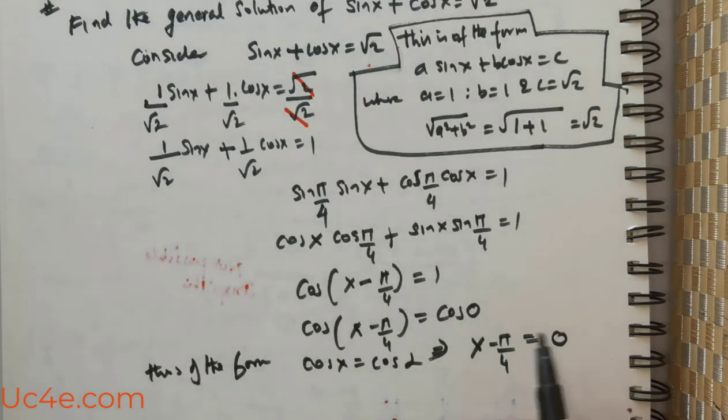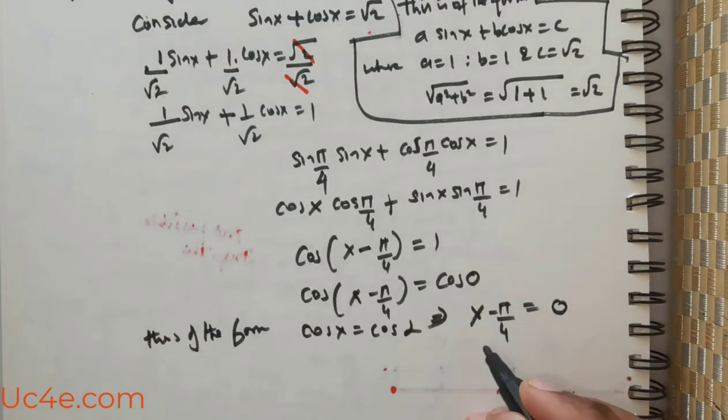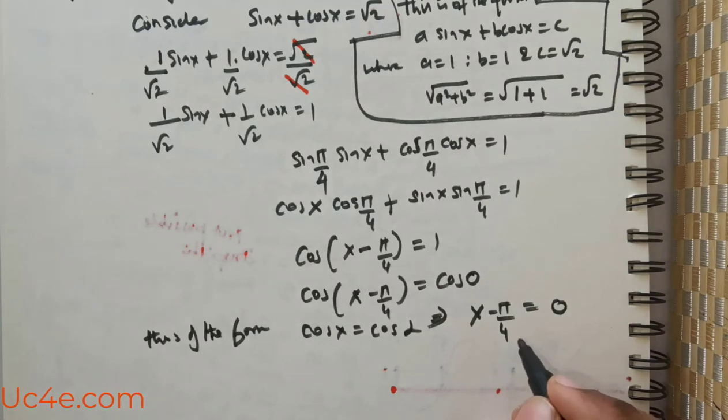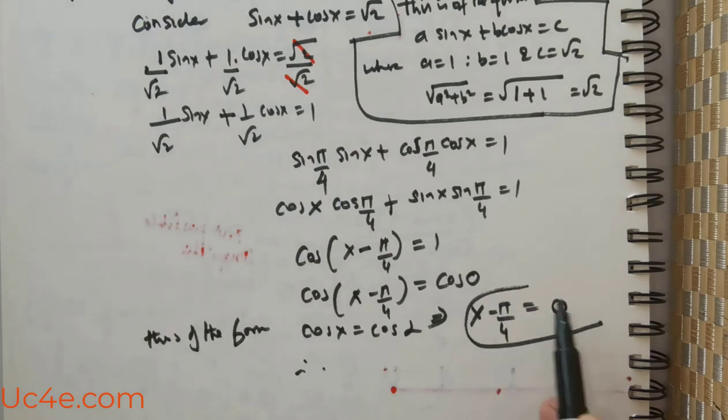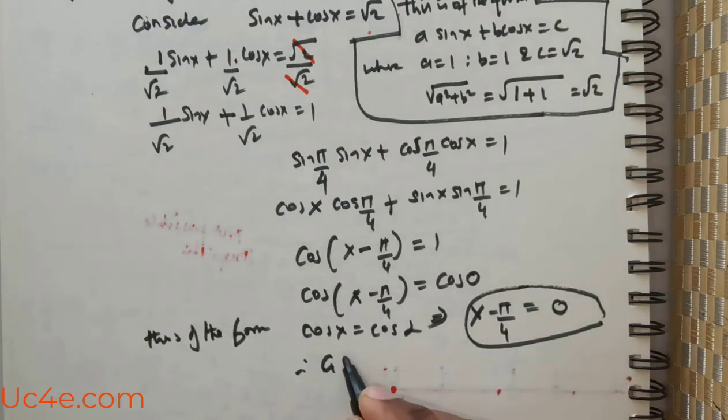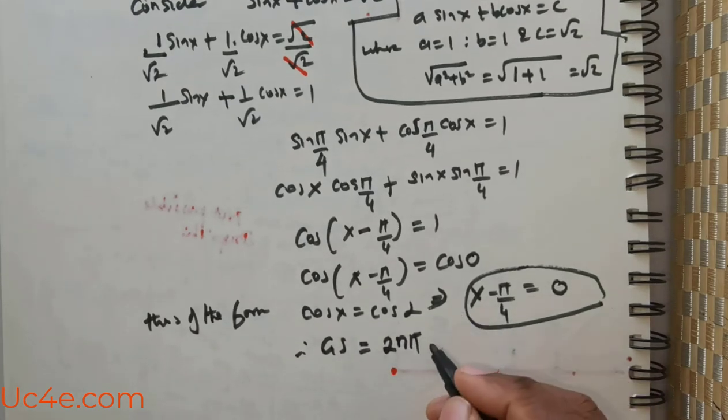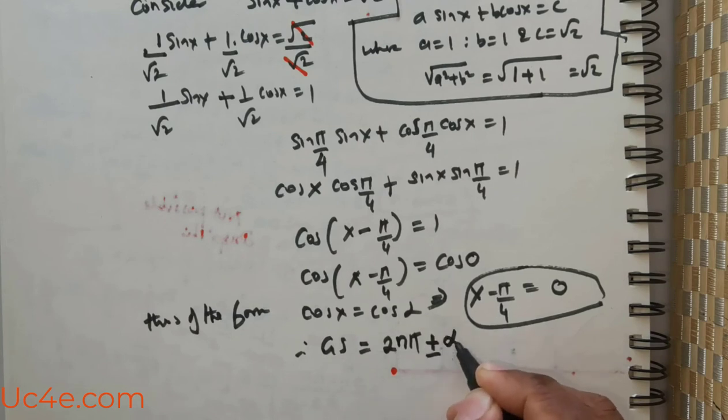So instead of just going like this, we will have to write the general solution. The general solution is going to be 2n pi plus or minus alpha. This is the general solution for this.